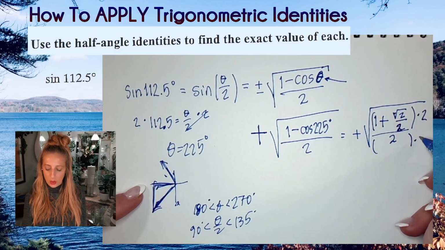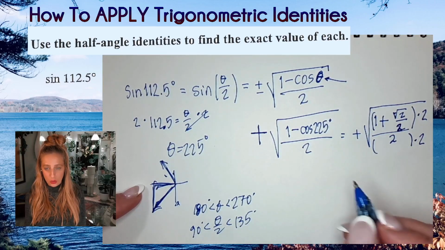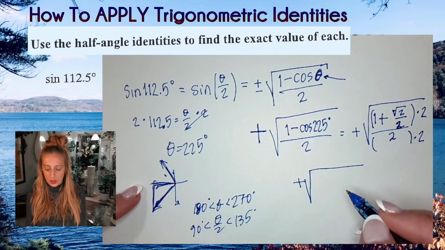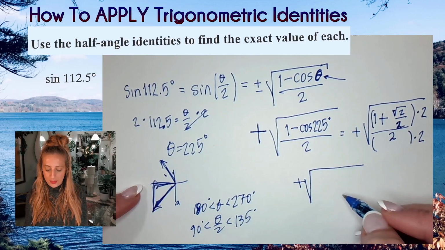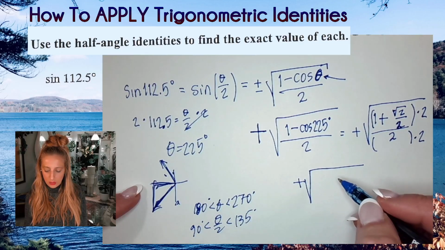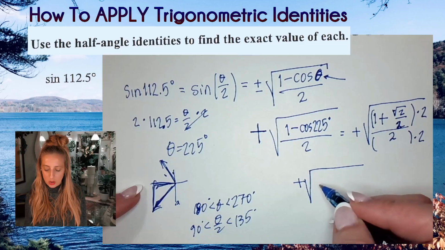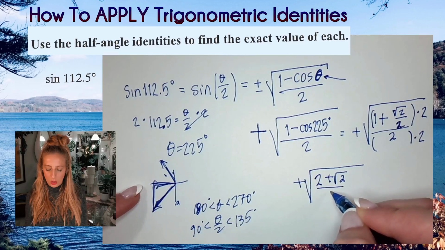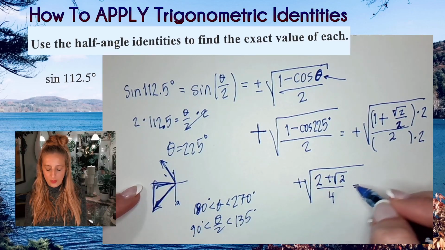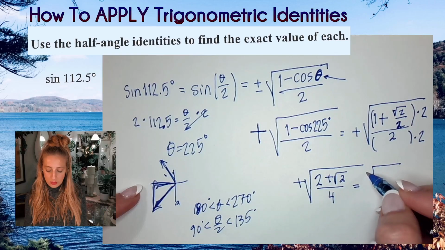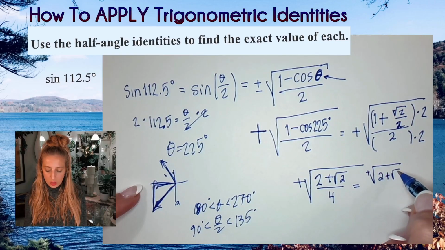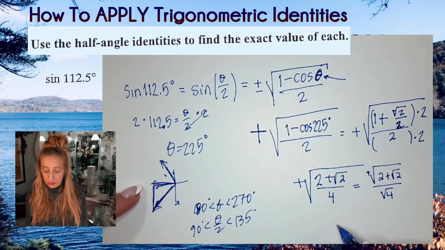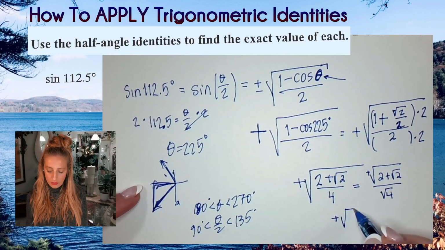Multiply through by my lowest common denominator. In this case, it's 2. So it'll clear out my compound fractions. I get more into detail at the end of the playlist on a different one, and I'm sure I did it in one of the other videos already. Distribute that 2: 2 plus root 2 over 4, which is the positive square root of 2 plus root 2 over root 4, and root 4 is, you guessed it, 2.